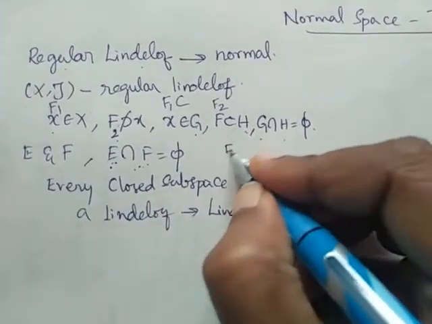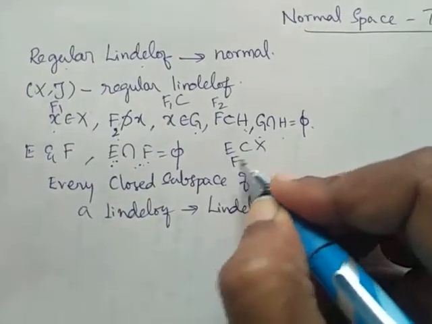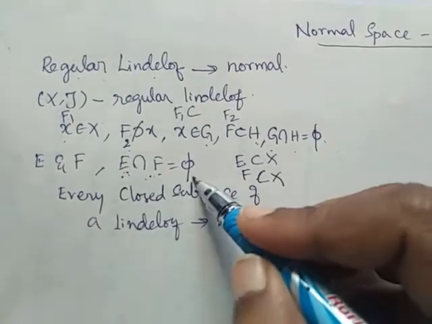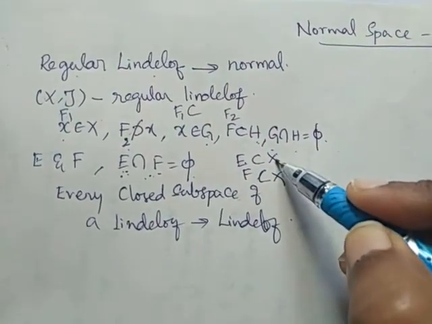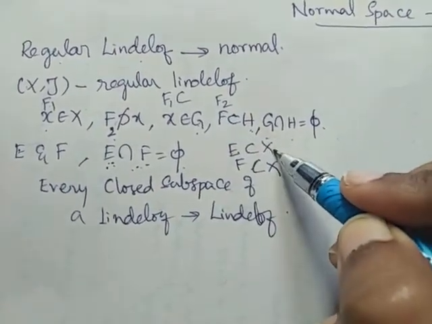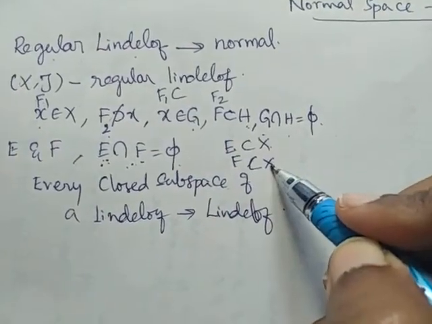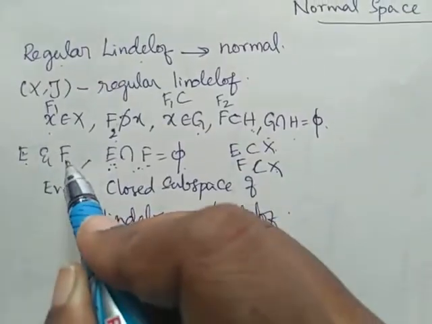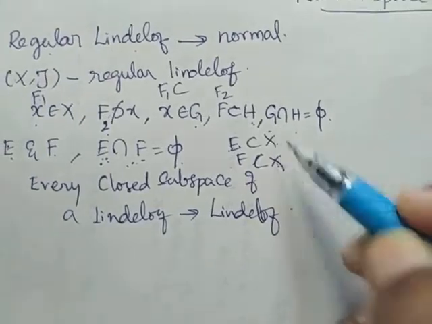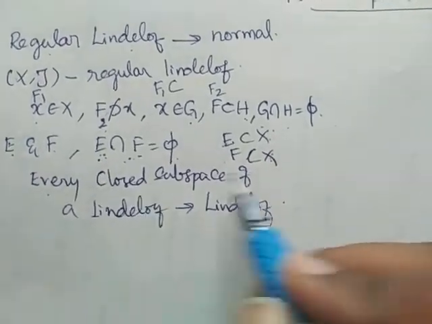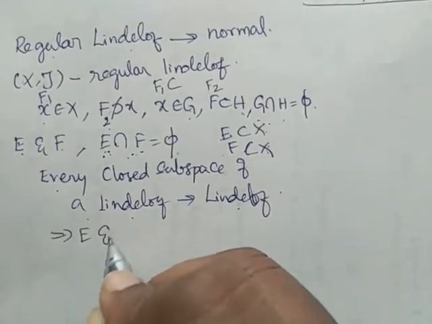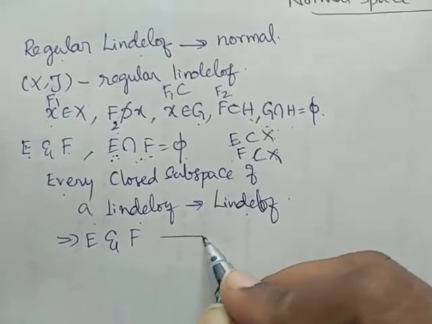See, E is a subset of X, F is a subset of X, and the intersection of E and F is the null set. X is a Lindelof space. E is a closed subspace of the Lindelof space, F is also a closed subspace of the Lindelof space. Therefore, since every closed subspace of a Lindelof space is Lindelof, E is a Lindelof space and F is also a Lindelof space.